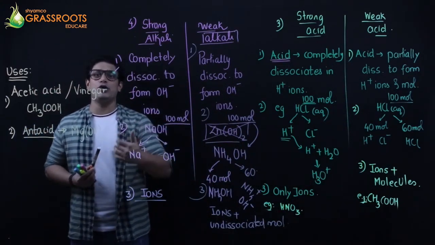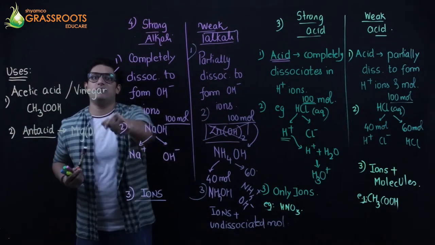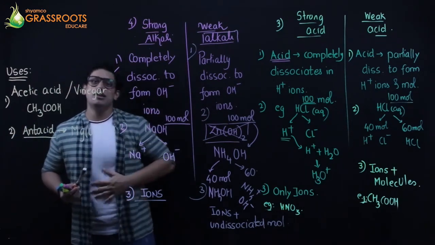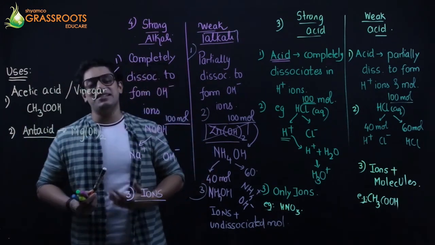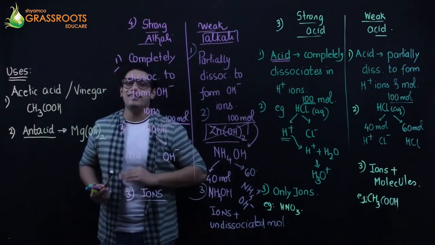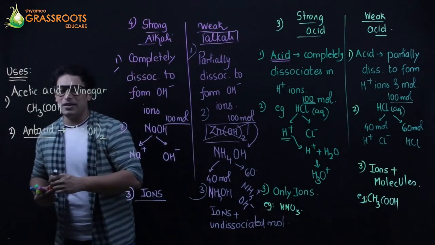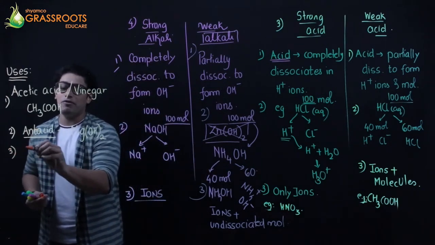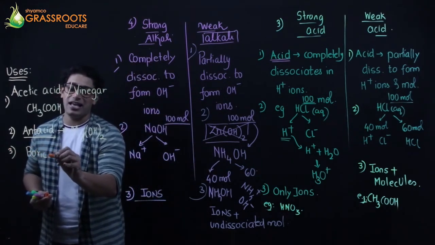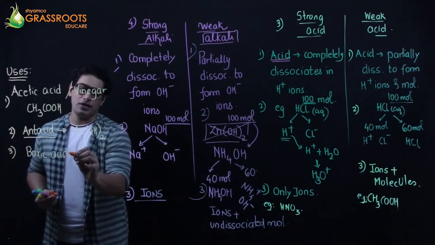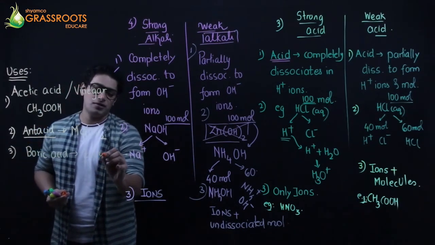Anta means antagonist, opposing the acid. So when there is an acidity rise in the stomach, you take an alkali or base to reduce the gases. That's called antacid. Magnesium hydroxide is used. Then boric acid is used in eye wash.